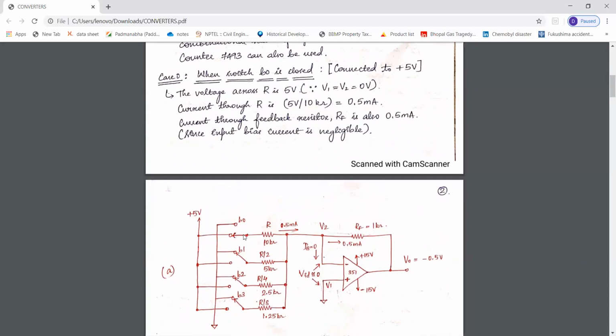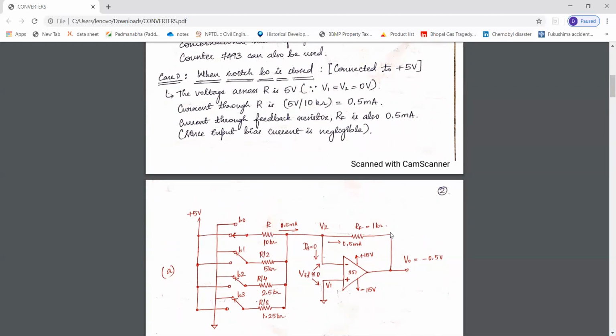So the first case is wherein we consider switch B0 closed. When this is closed, the current through the resistor R is equal to V by R. V is 5 volts and R is 10 kilo ohm. So the resulting current through the resistor R will be 0.5 milliampere, and since in the ideal case the input current to the op-amp is 0, the same 0.5 milliampere will flow through the feedback resistor.